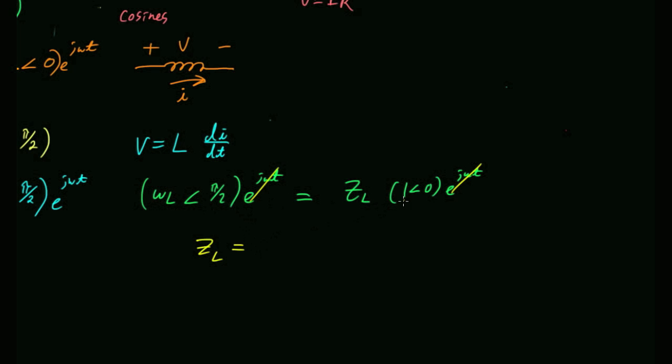I've got this magnitude divided by that magnitude, so the magnitude stays put: omega L angle. Now what do I do with the phases? Subtract them, right? When you take a ratio of complex numbers, the magnitudes divide and the phases subtract. That's how complex numbers work. So in this case, I've got pi over 2 minus 0, so that's just pi over 2. And we're done.